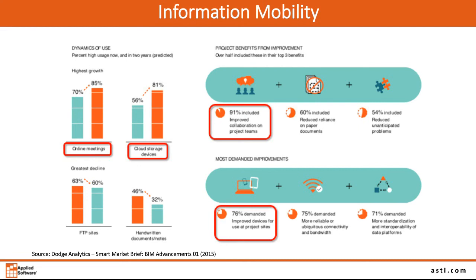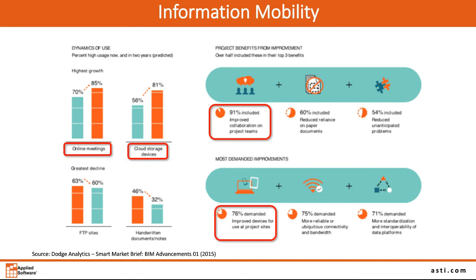So I can tell you that this is only accelerating. I would like to see the numbers for 2018, and I would imagine that the decline in FTP sites and handwritten documents and notes is much more significant, as opposed to the growth, which you probably see being much more significant.